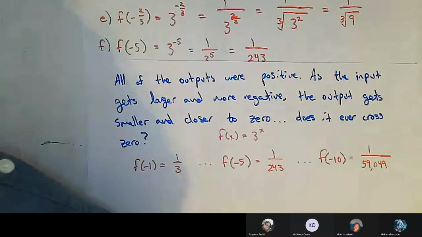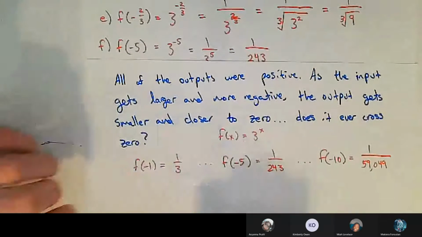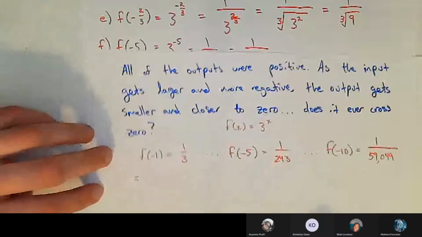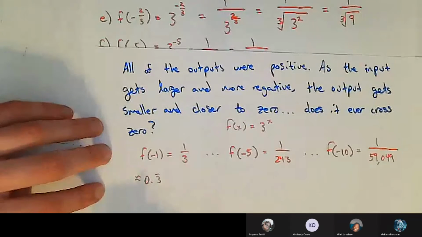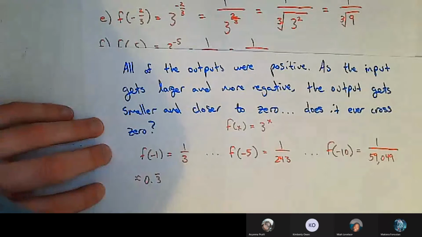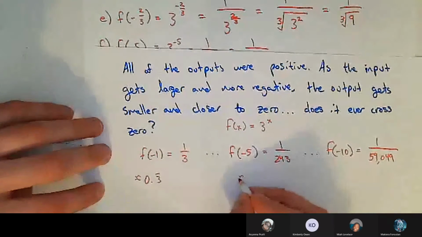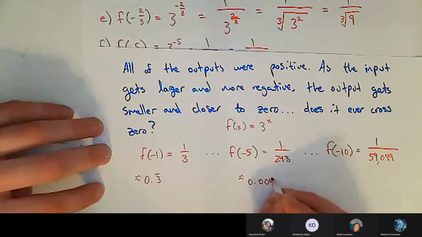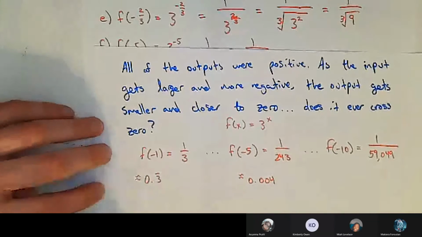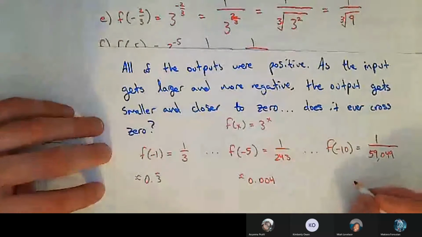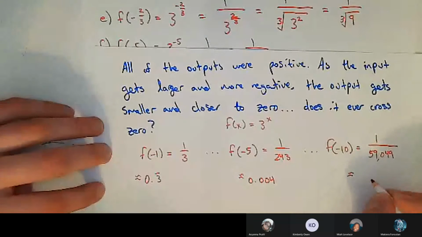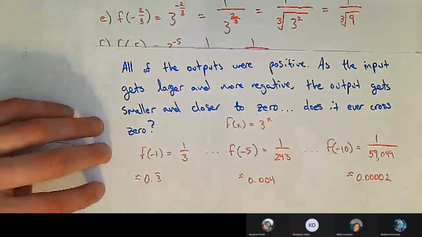In fact, let me write the decimal approximations for you. You already know what 1/3 is, it's 0.3 repeating, like 0.33333. This one, 1 over 243, is approximately 0.004. I'll just keep the first digit that's non-zero. And then 1 over 59,049 is approximately 0.00001.